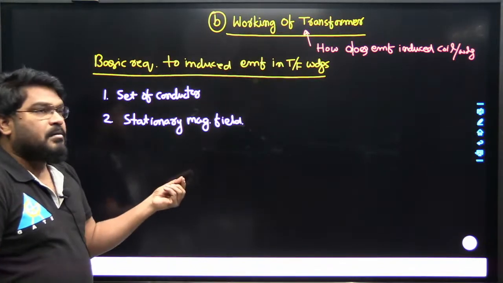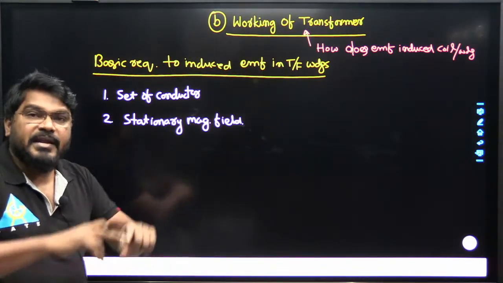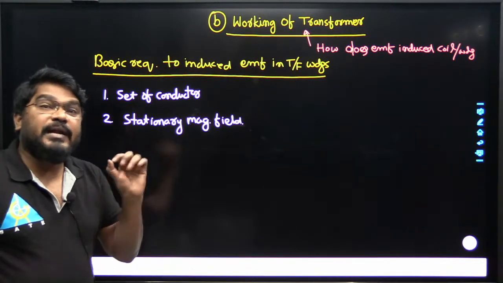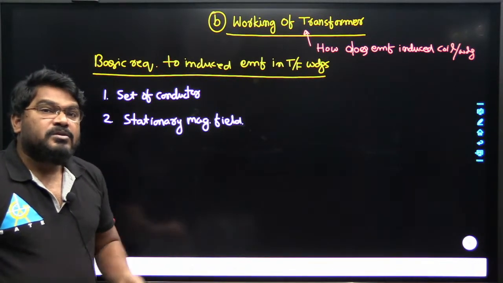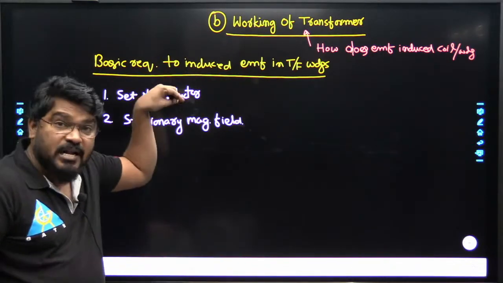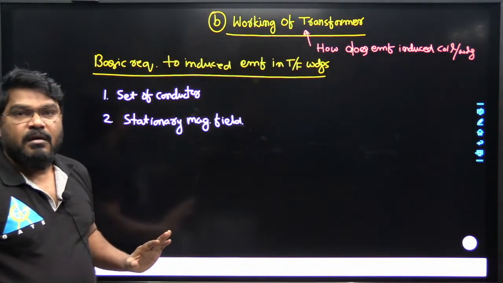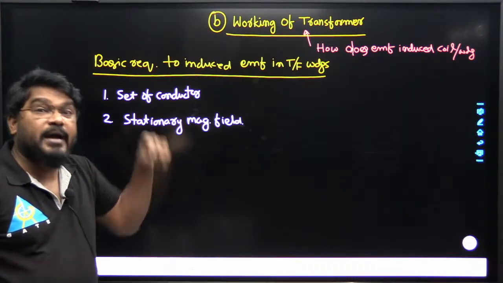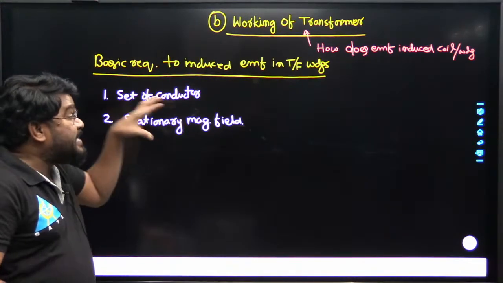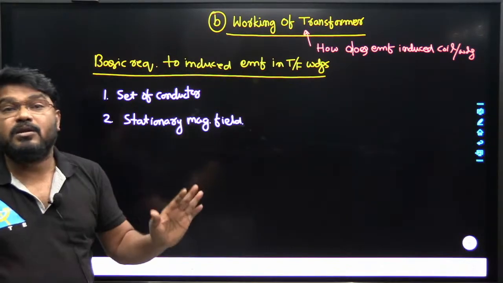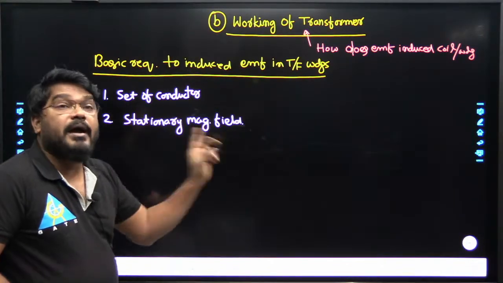We know that the region around the magnet is known as a magnetic field. So what is a stationary magnetic field? The conductor is stationary, that means the winding is also stationary in the transformer, and the magnetic field produced due to the magnetizing current is also stationary. That means the speed of this magnetic field is equal to 0. So that is a stationary magnetic field.